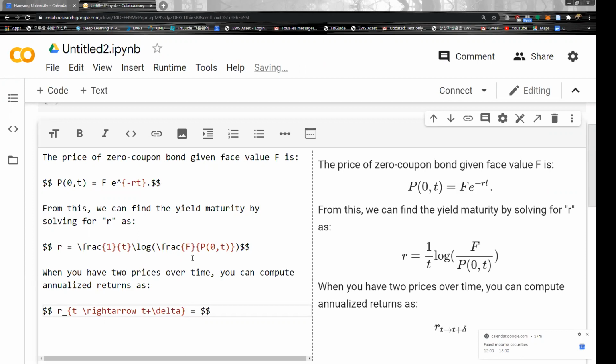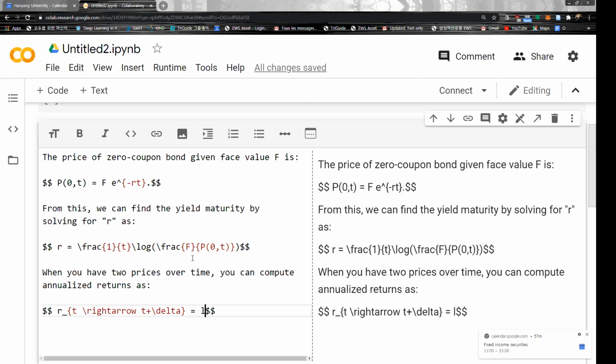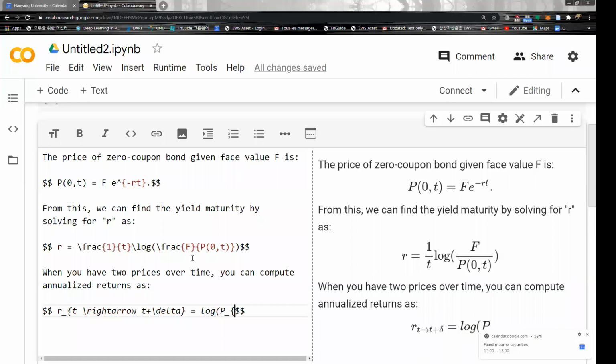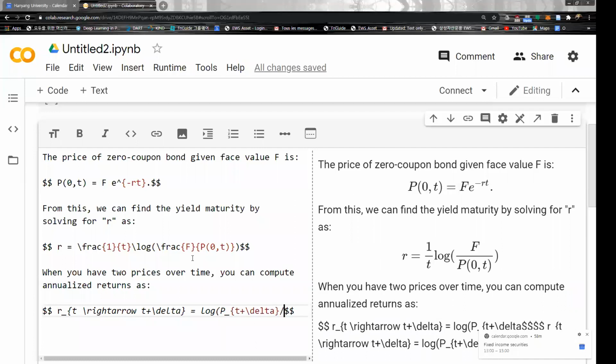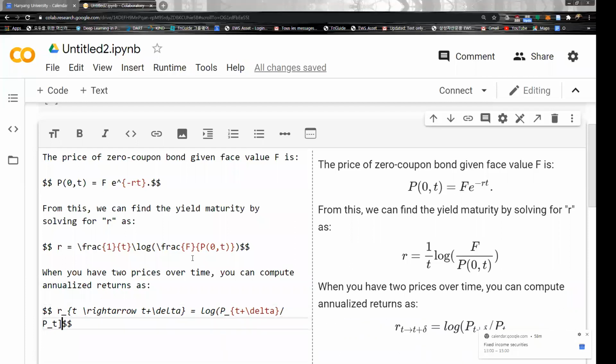In the same spirit, we calculate the log ratio between P(T plus delta) over P(T).